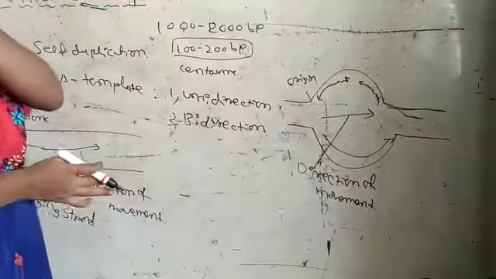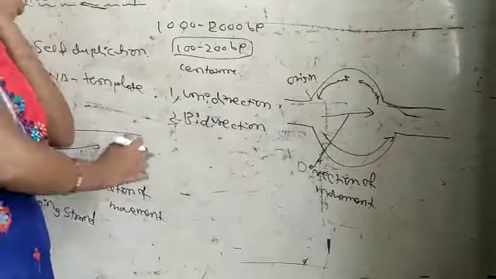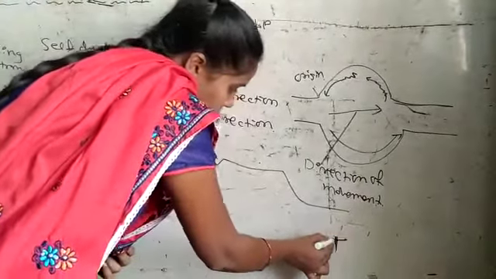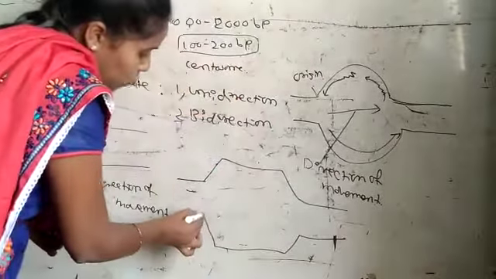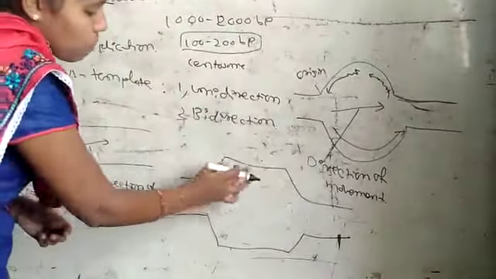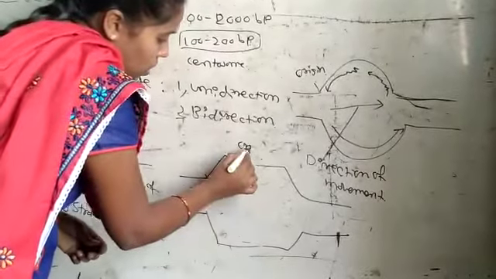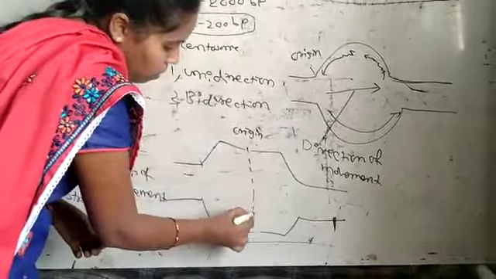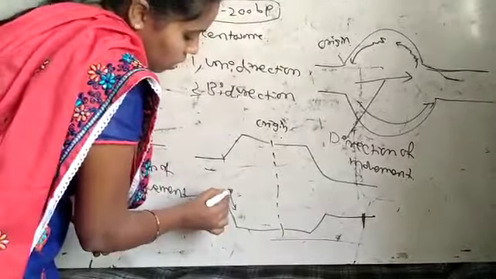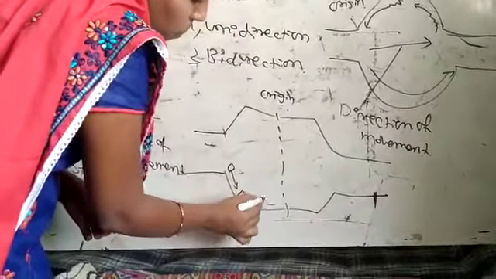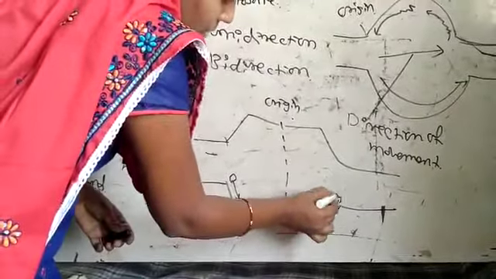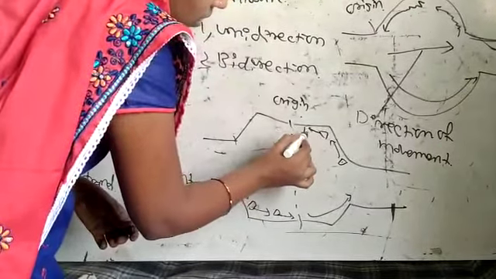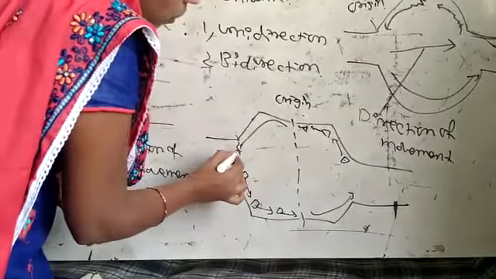In bidirectional replication, these are the two parental strands, and this is the origin of replication. It forms a lagging strand and leading strand, and on the other side a lagging strand and leading strand.